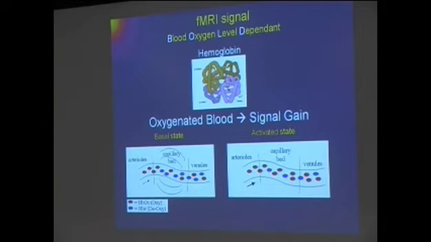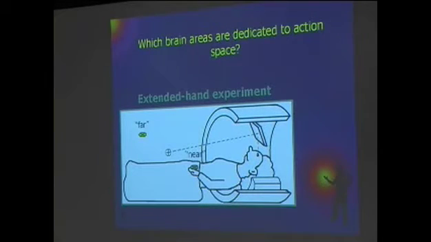So this would mean that now the ratio of oxygenated blood would become higher, which would give me a magnetic signal gain. This would cause the images of the brain to virtually light up wherever the oxygen consumption is increased. Okay? So now that we're all experts in physics of fMRI, we can move to my own research.